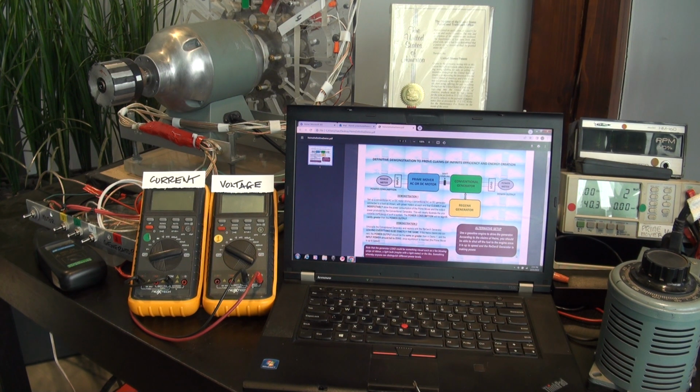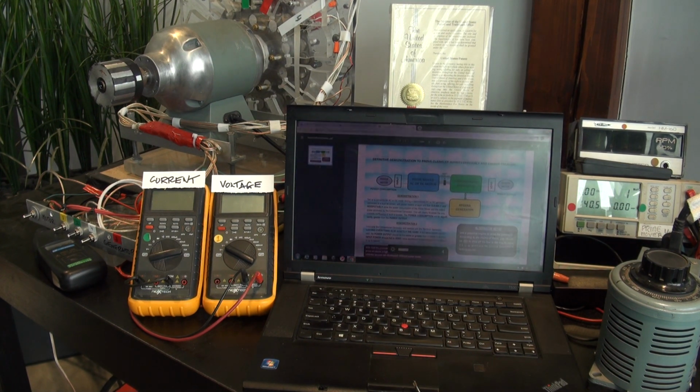So that's the energy creation part, and we can calculate the amount of energy that's created by understanding the magnitude of rotational kinetic energy increase.